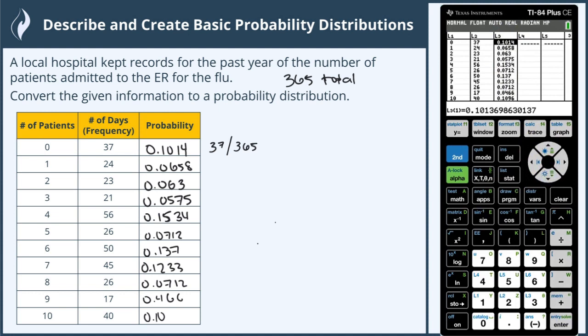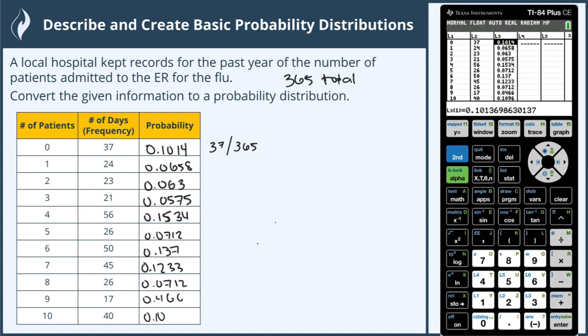But I can actually now ask any question. I could come up with a lot of questions from this. What is the probability that I get exactly 3 patients? The probability of 3 is 0.0575. What is the probability that I get exactly 6 patients? The probability of 6 is 0.137. The nice thing about a probability distribution is that I have all the probabilities for each of these discrete cases.